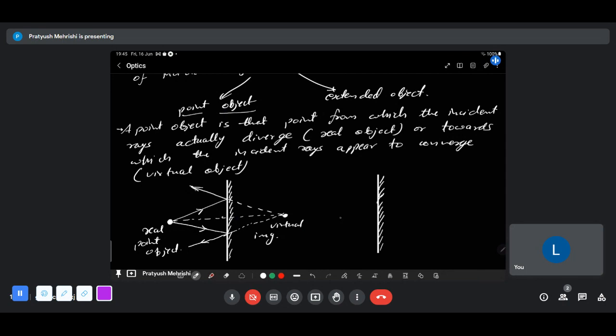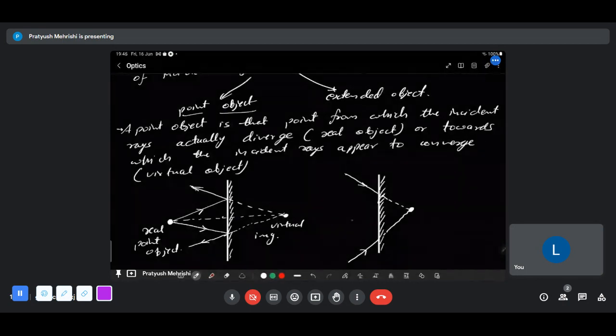Now, this point is a virtual object. Yes, this is a virtual point object. And this is a real image.